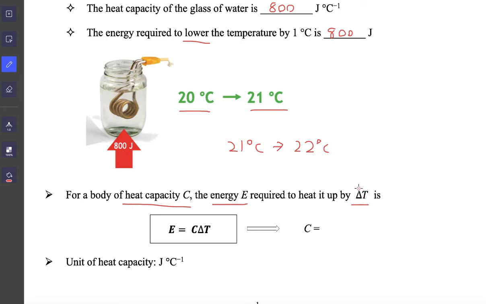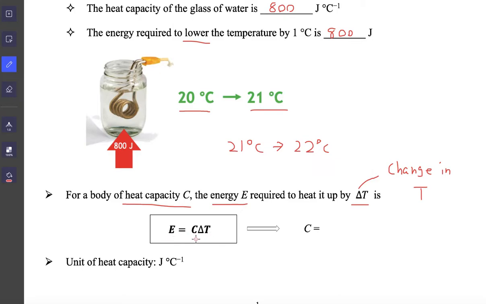And delta T here refers to this meaning, change in. So delta T means change in T, which is the change in the temperature. So the energy required to heat that body up by 1 degree Celsius would be C times 1.